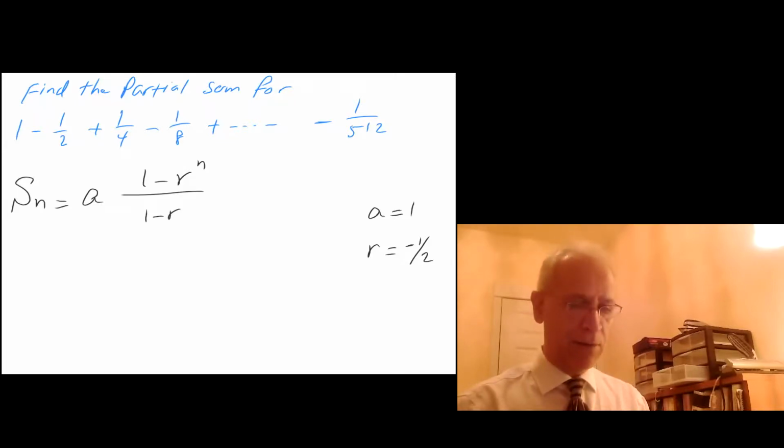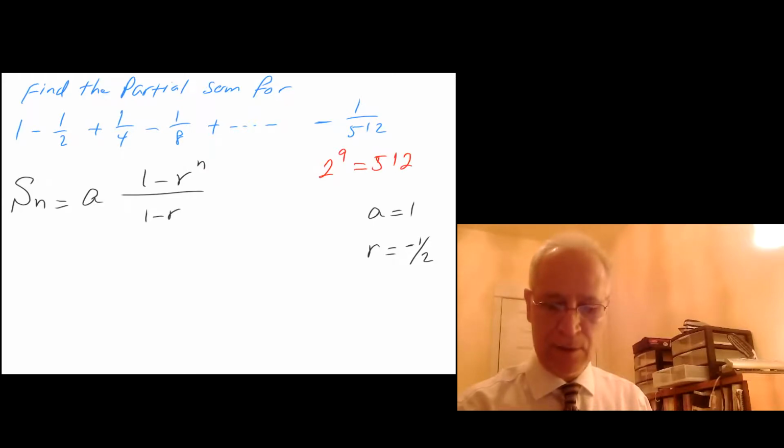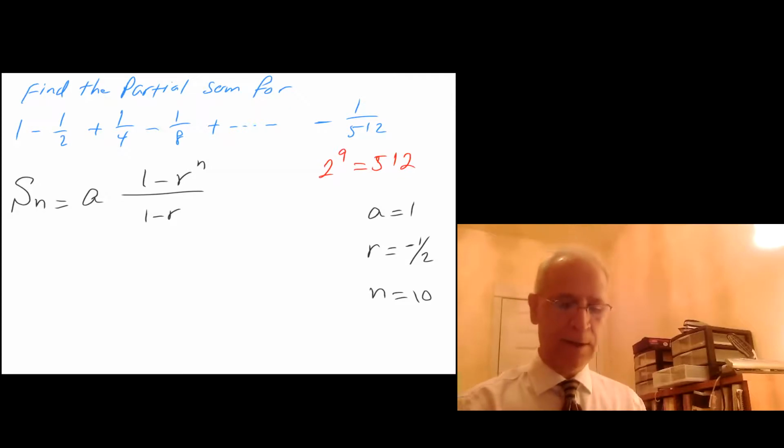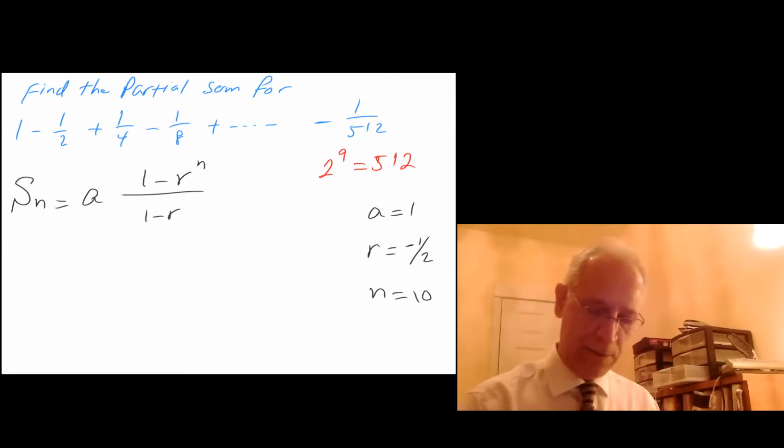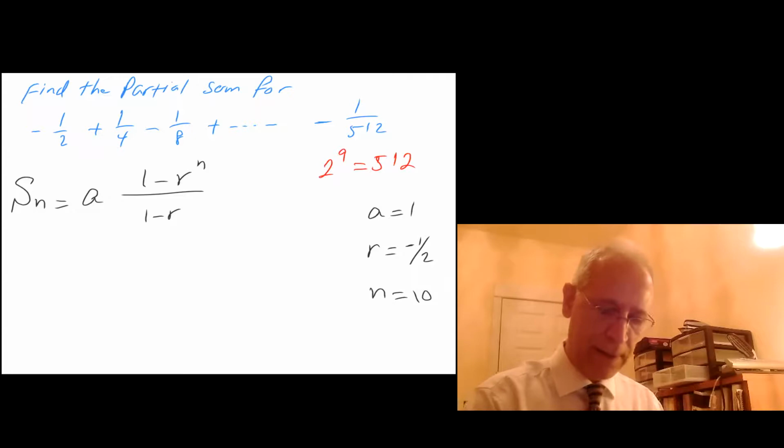What else do I know? We know that 2 to the power of 9 equals 512. So n must equal 10. Notice that the 1 is the same as 1 over 1, isn't it?